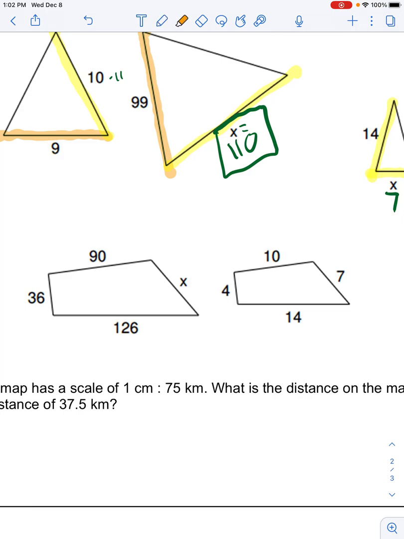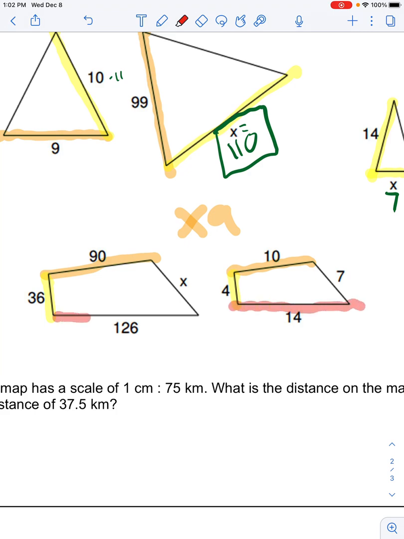This one, I'm going to use the scale factor. So again, if I look right here, I say, okay, 10 and 90, I think I'm going to multiply by 9. But let's check it out. 4 times 9, 36.